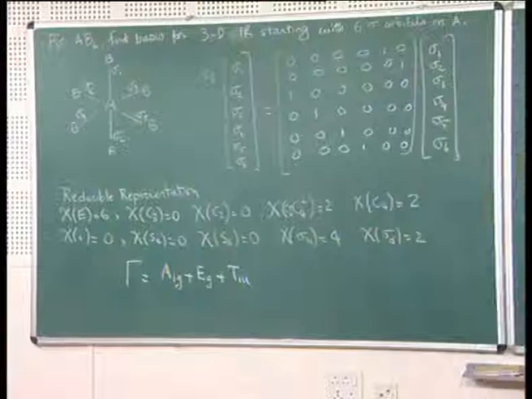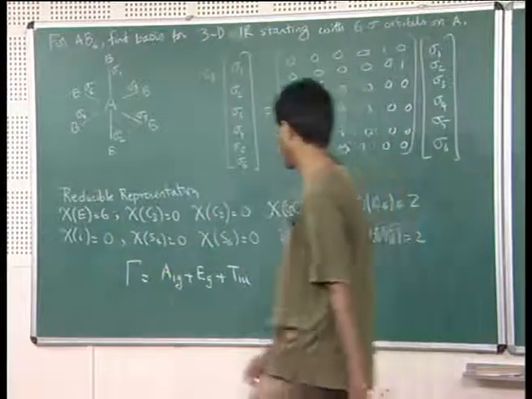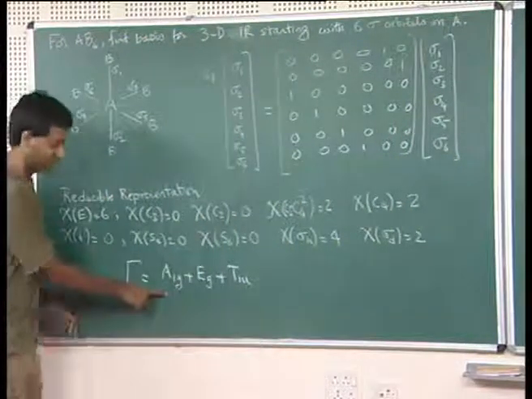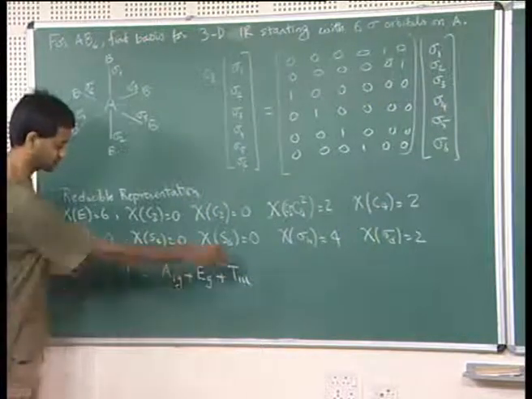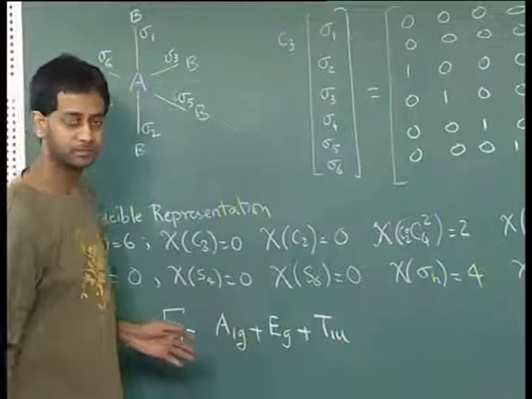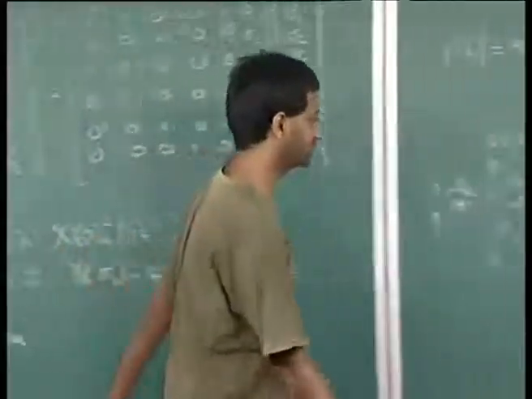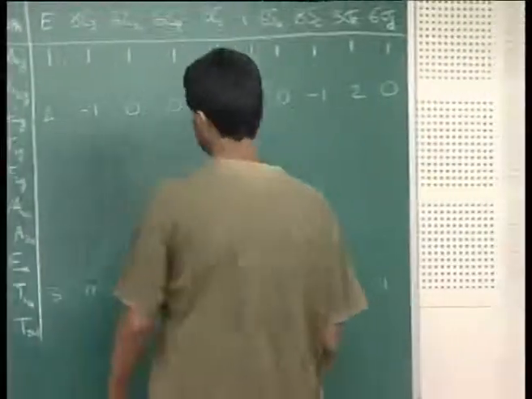It is a 6-dimensional representation. A1g is 1-dimensional, Eg is 2-dimensional and T1u is 3-dimensional. So it is a sum of these 3 representations, and you can easily verify this.